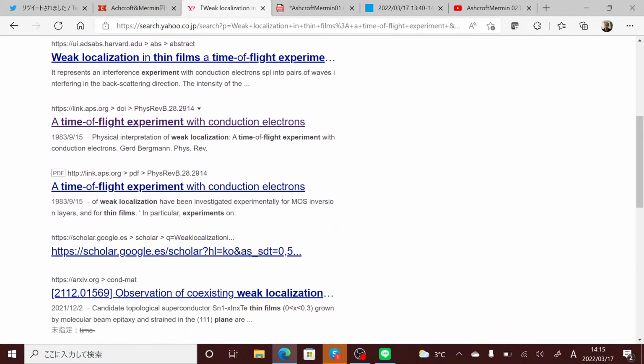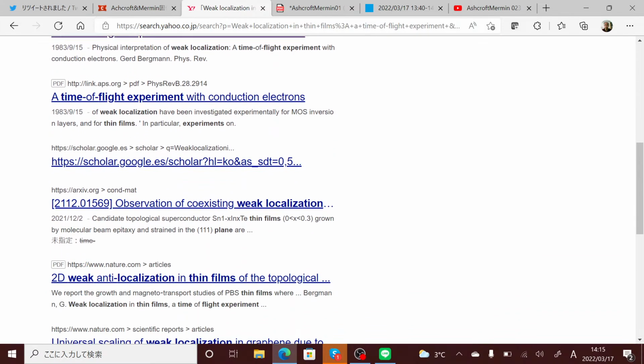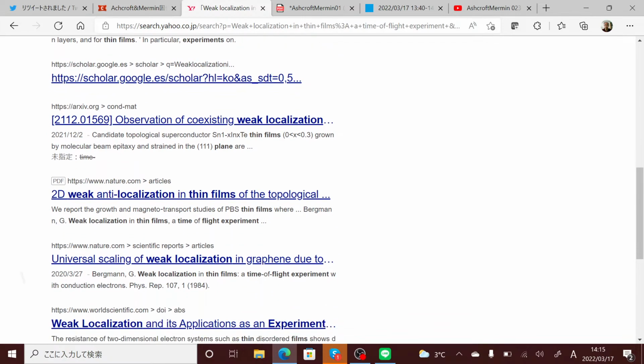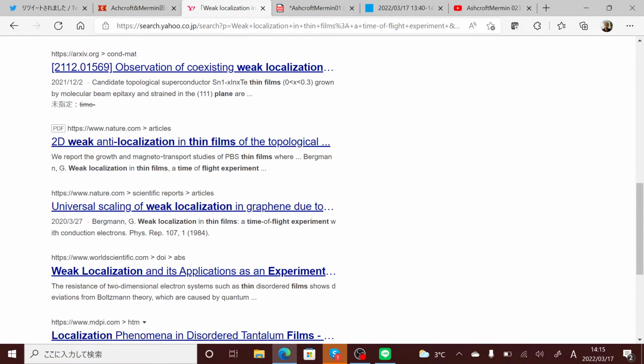There has to be a PDF. Universal scaling of weak localization in graphene.